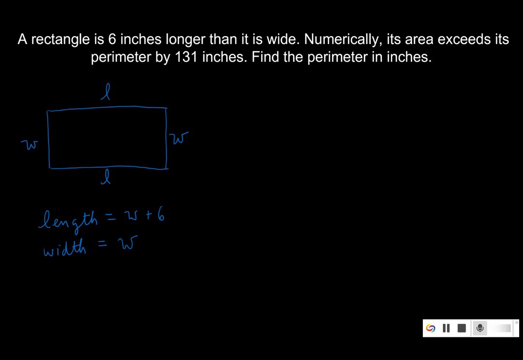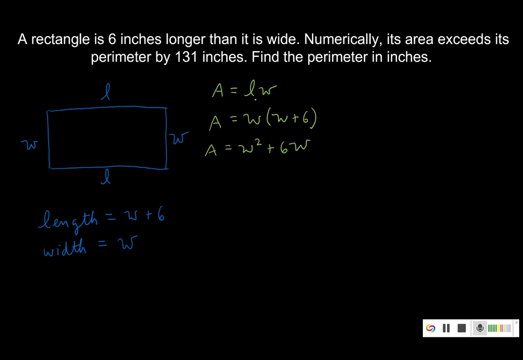Okay, let's see what else we know. The second sentence says numerically its area exceeds its perimeter by 131 inches. So that leads me to believe that I'm going to need to find the area and the perimeter of this rectangle. Well, I know that the area of a rectangle is length times width.